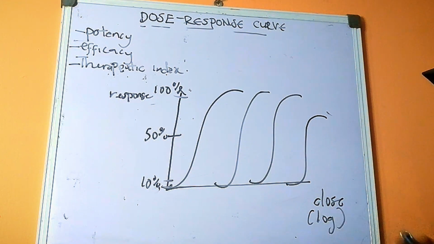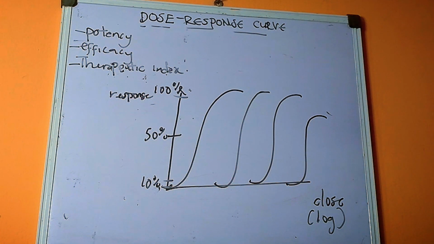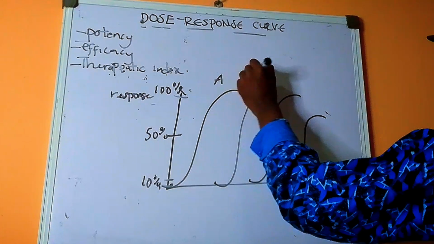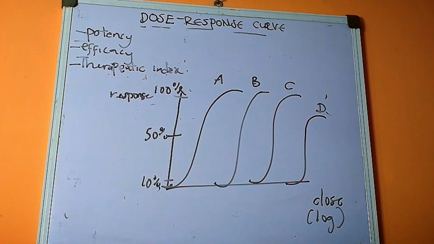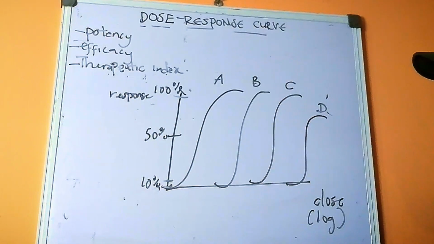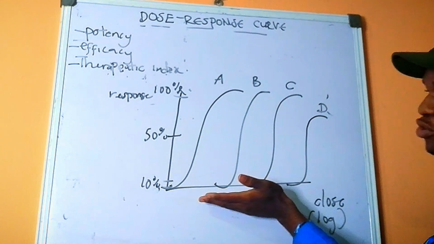Remember, the sigmoid curve is a logarithmic curve. So I have, this is drug A, drug B, drug C, drug D. If I'm going to ask you which of those drugs is more potent, we know that potency of the drug increases when the drug shifts to the left of the curve.